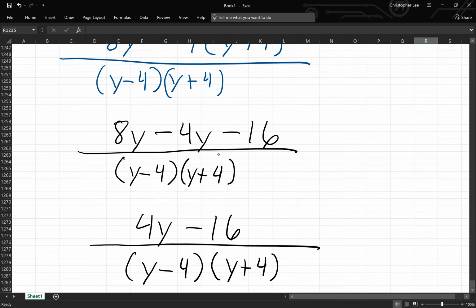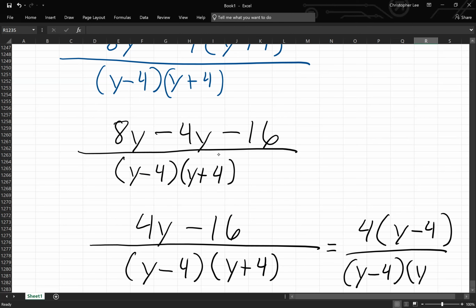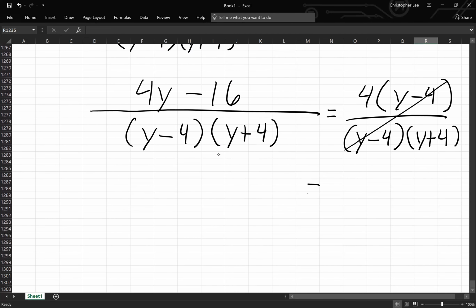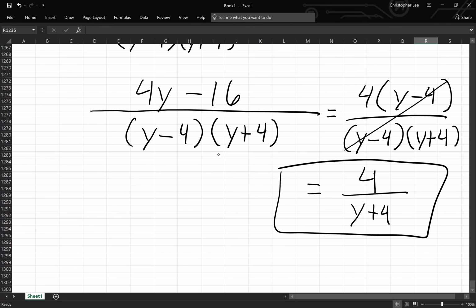Now, greatest common factor in the numerator, what's that gonna be? It's gonna be 4, right? So what am I left with? Y minus 4 over y minus 4 times y plus 4. I have a common factor in the top and the bottom. Cross them out. Final answer here. 4 over y plus 4. And that's that.